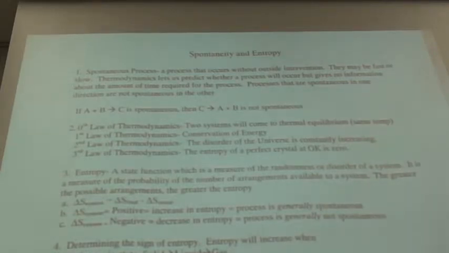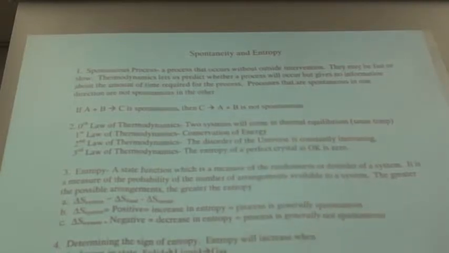Right this moment, every diamond you own, do you own lots? Multiples. All your diamonds are slowly changing to graphite, which is pencil lead. That's also a spontaneous process. The difference is the rate of the reaction. Okay, if A plus B yields C, and that is a spontaneous process, then the reverse reaction, C decomposing to A plus B, is not spontaneous.